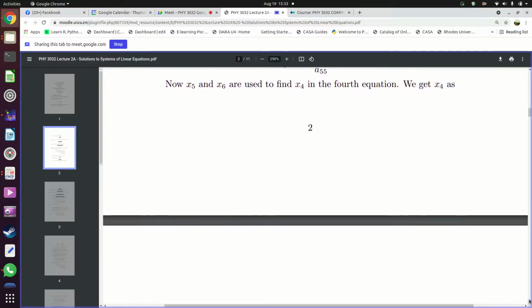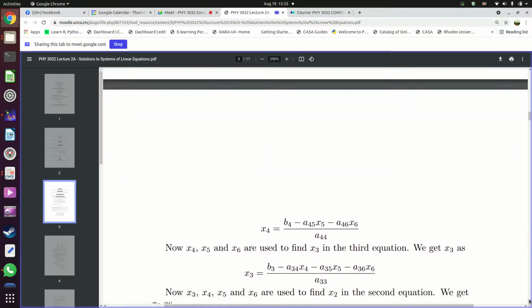There are things which need to be noticed about what's happening. x4 is equal to b4 minus a, this 4 is the number of the row, which all of your coefficients are going to have, because all of them came from the same row.